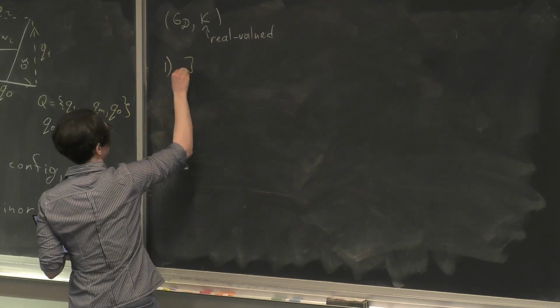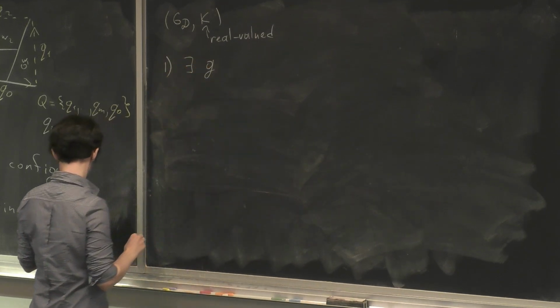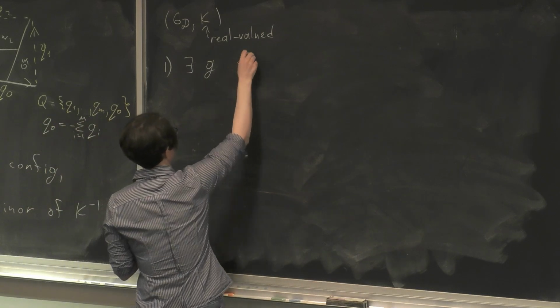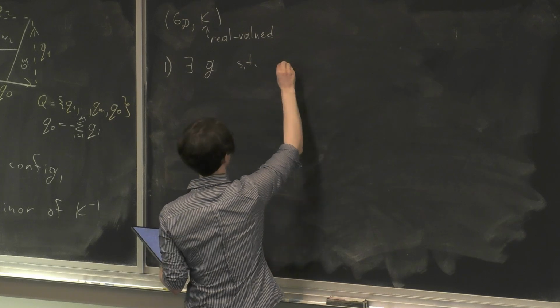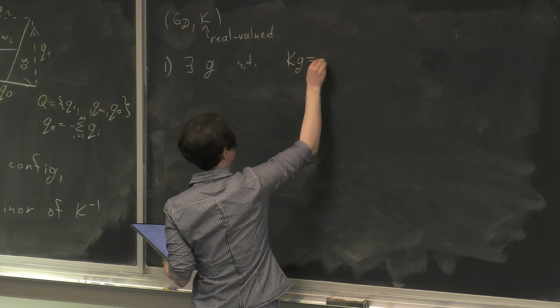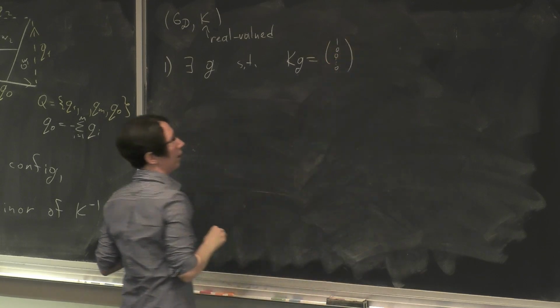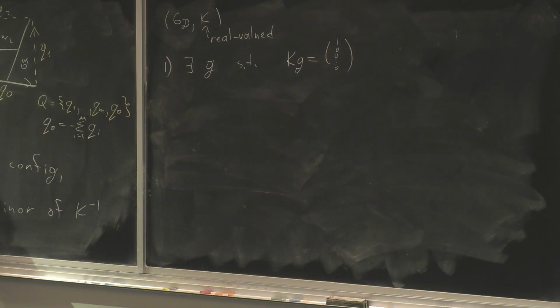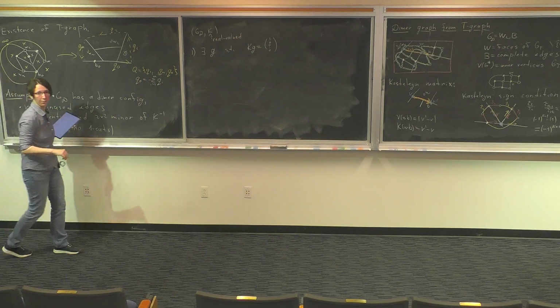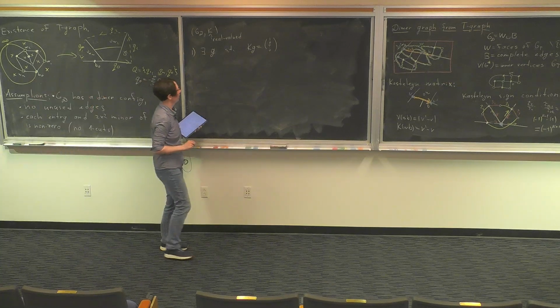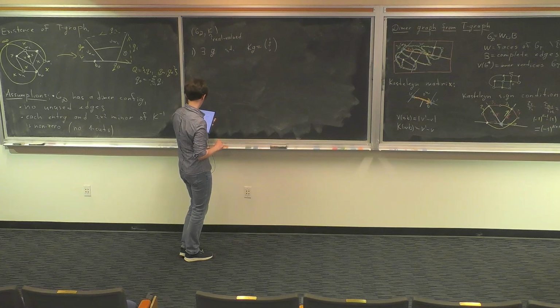Then I claim that there exists G, which can be defined on the set of white vertices, such that you can just solve this system of linear equations. We have that it has at least one configuration, so there is an inverse matrix which allows me to solve this equation.